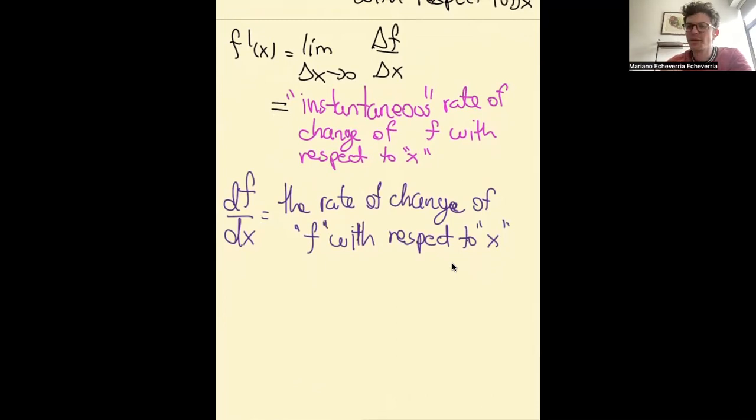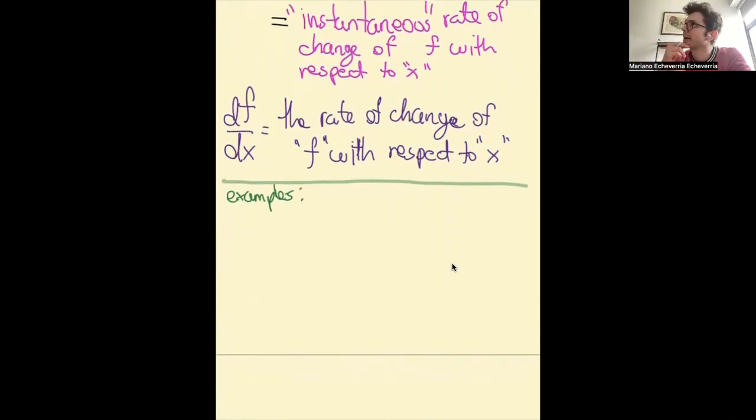So for example, let me start giving you some examples to make this more clear. Let's say you had a rectangle.